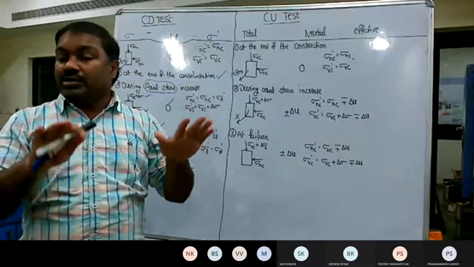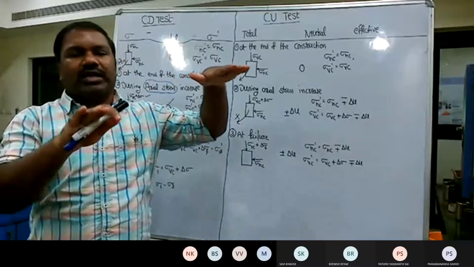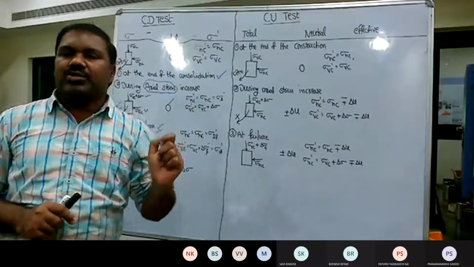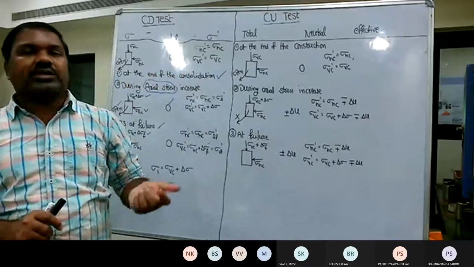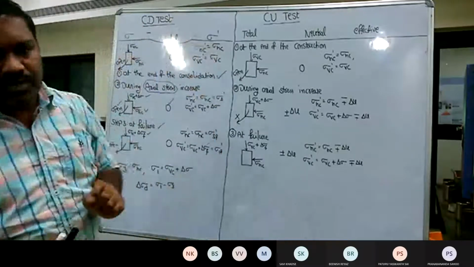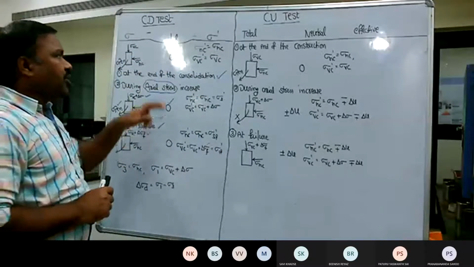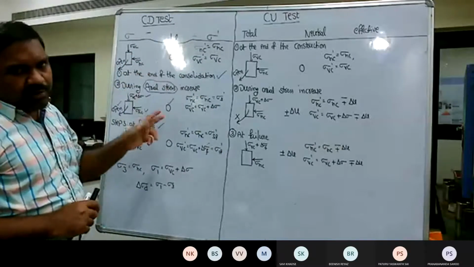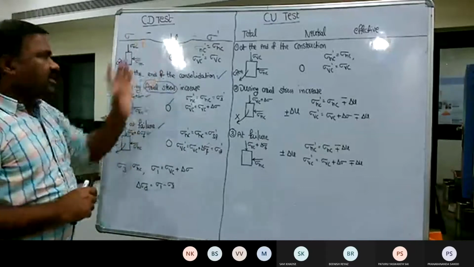Now we can understand, suppose the rate of application of the load is more than the rate of dissipation of the excess pore water pressure, then there is a possibility of the development of excess pore water pressure. So that is not anticipated in the case of the CD test. You must give sufficient time where the U component will become zero, because that is the condition of the CD test.